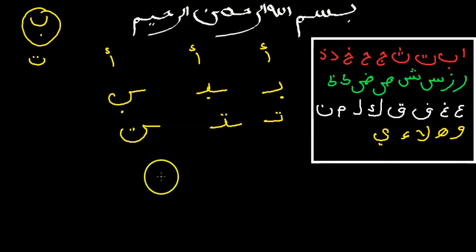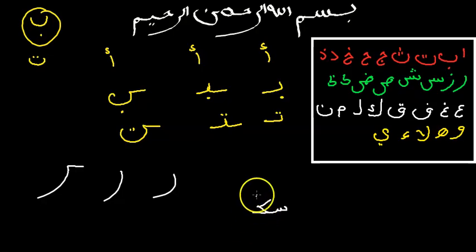The isolated form of ra'un is this, the end form of ra'un is this. For example, let's say sukur: sinun with fatha sa, qafun with sukun, ra'un with sukun, sukur.